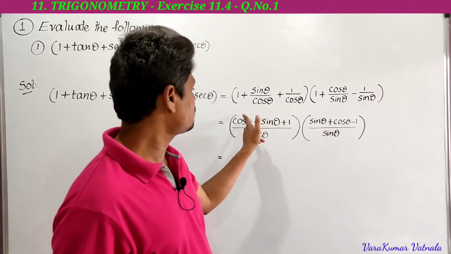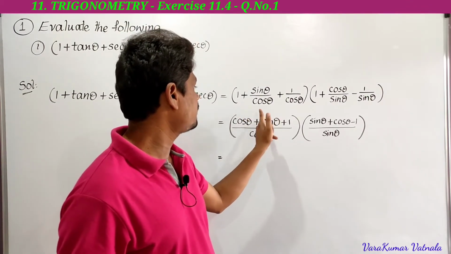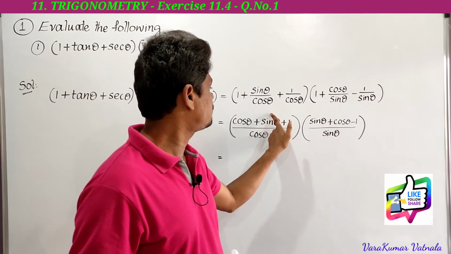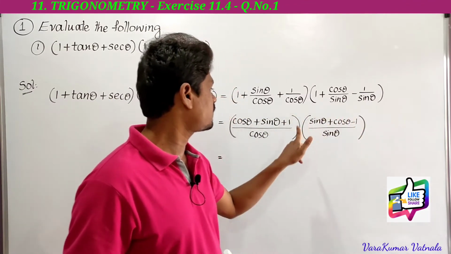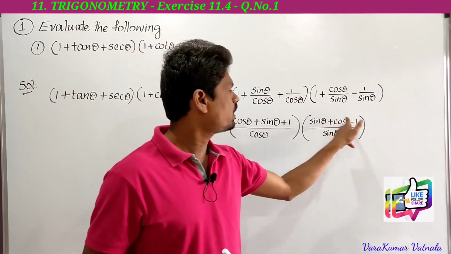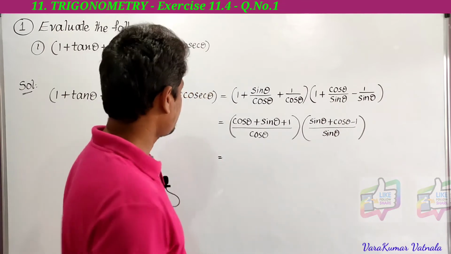Here A is cos theta plus sin theta or sin theta plus cos theta, both are the same. So sin theta plus cos theta is A, and B equals 1. Then it is in the form A plus B into A minus B, that is A square minus B square.